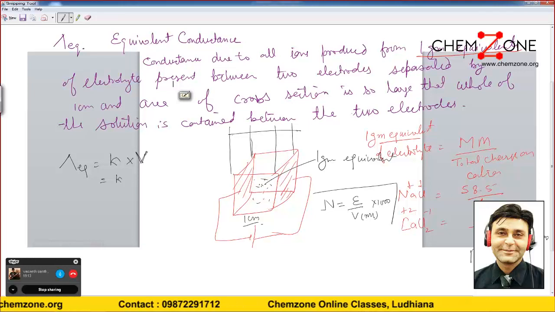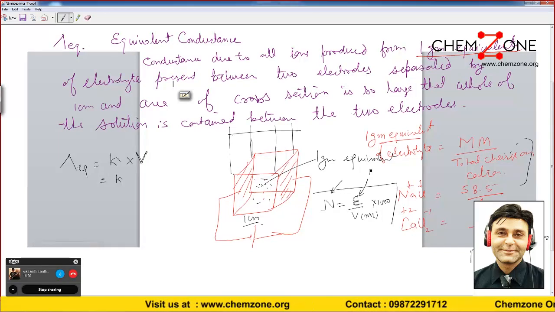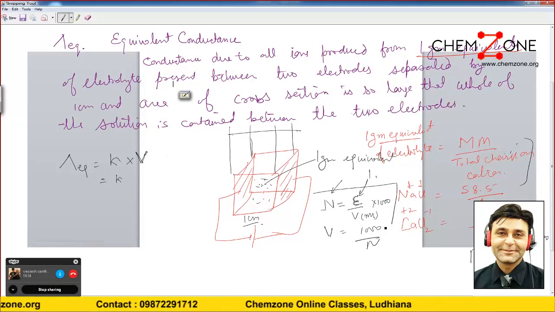Here we have a normality term. Normality is equal to number of gram equivalents upon volume of solution in milliliters. Gram equivalent is molecular mass upon charge on the cation. Here we are putting 1 gram equivalent, so volume is equal to 1000 upon normality. So multiply by 1000 upon normality.